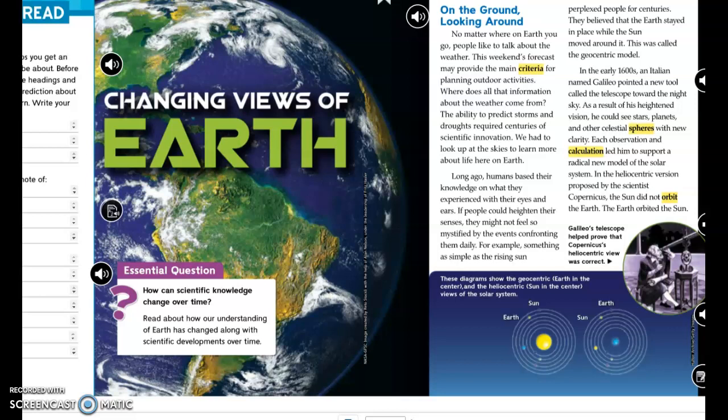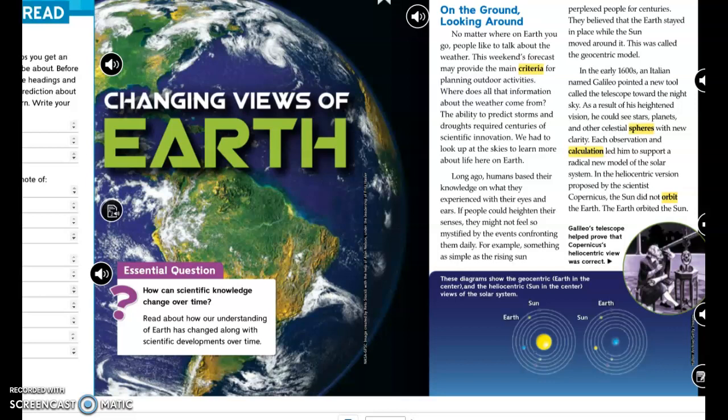So here it says these diagrams show the geocentric Earth-centered and the heliocentric views of the solar system. Those are two different ideas that existed back in the times of Galileo, the heliocentric and the geocentric models. Those are illustrations that help us to understand the reading text better.